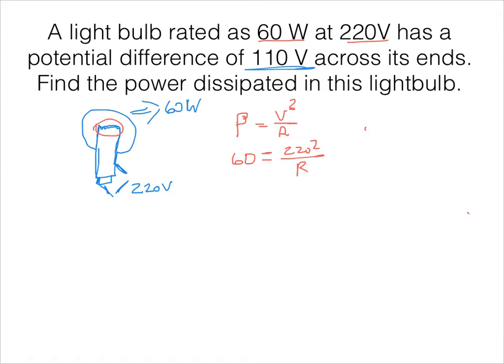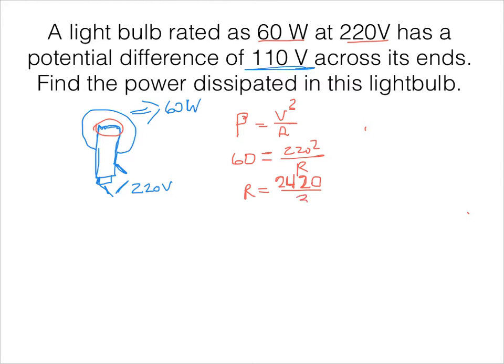So I'll take 220 and then square it, and then I'll divide that by 60, and that will give me 2,420 over 3. So resistance equals 2,420 over 3.